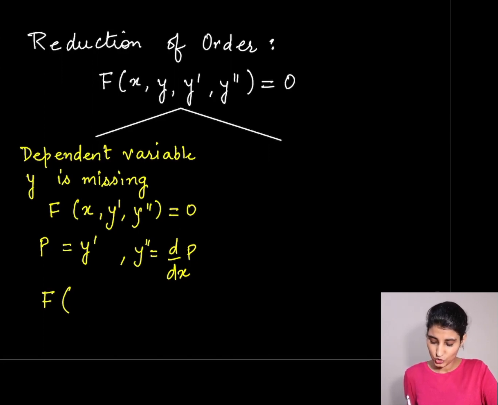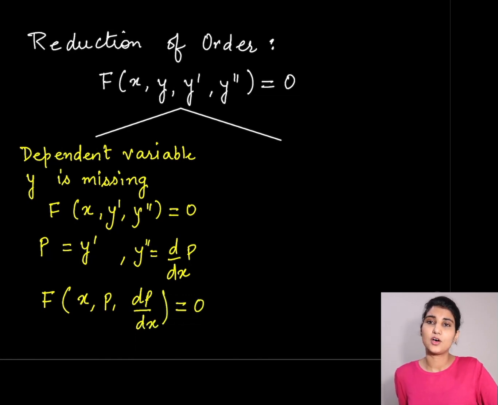Then our equation will be in terms of x, p and the first derivative of p. So instead of second order, we reduced our original equation into first order, and we know how to deal with the first order equation. We already learned that.